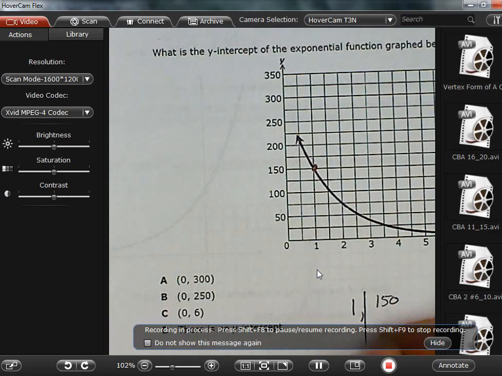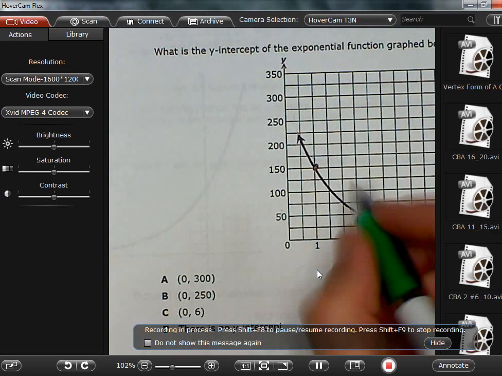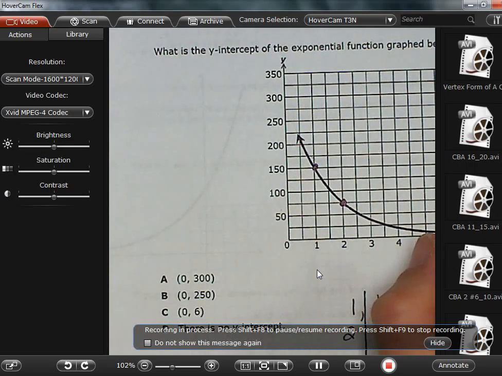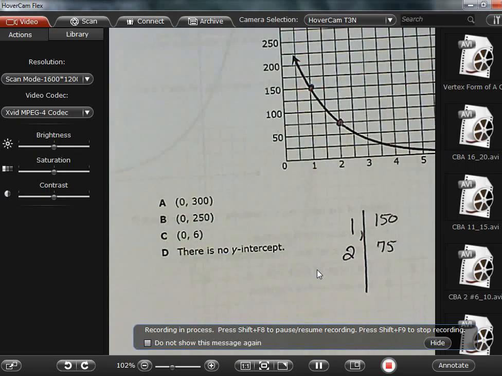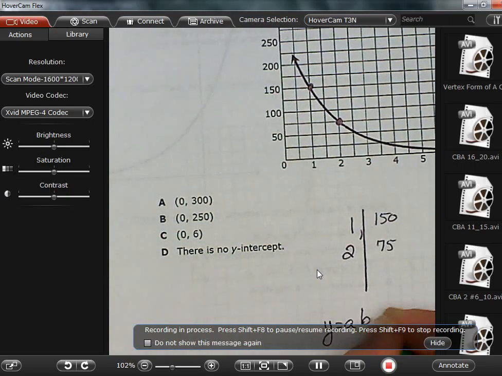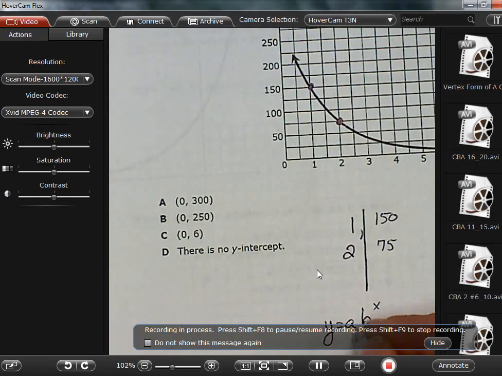And I'm going to do this point right here because it is 2 and 75. Remember that it is a multiplication problem. y equals a b to the x. So I'm going to take this value and multiply it by this.